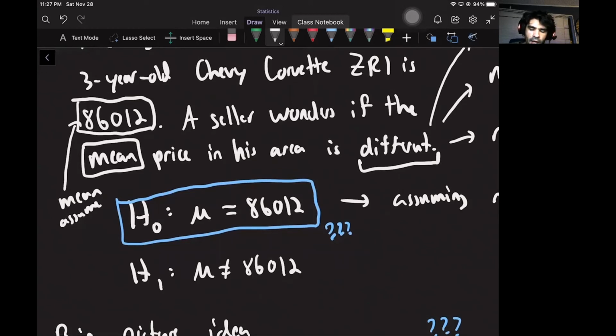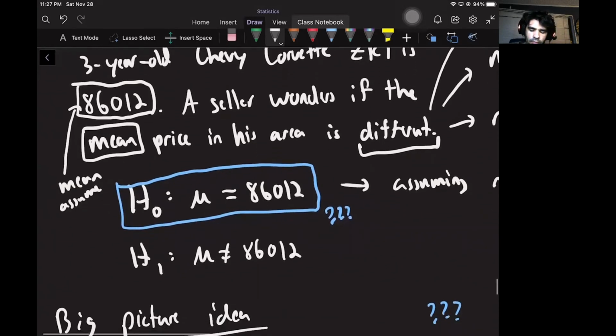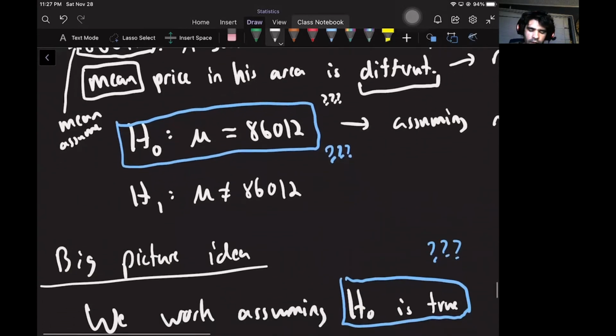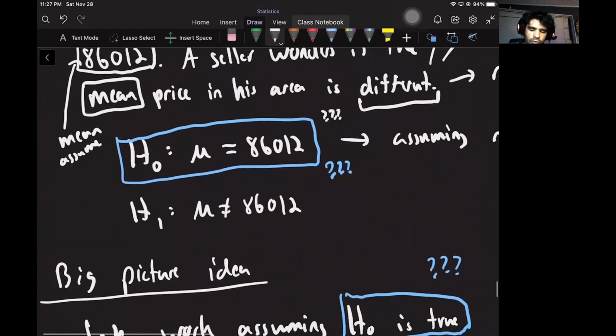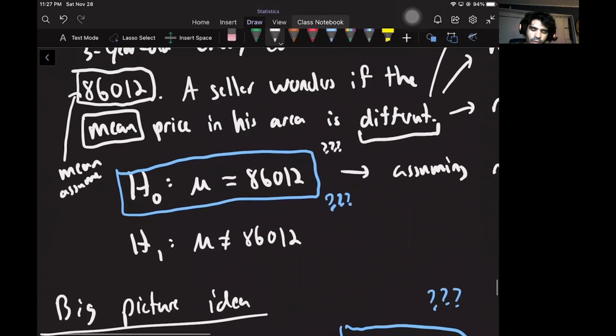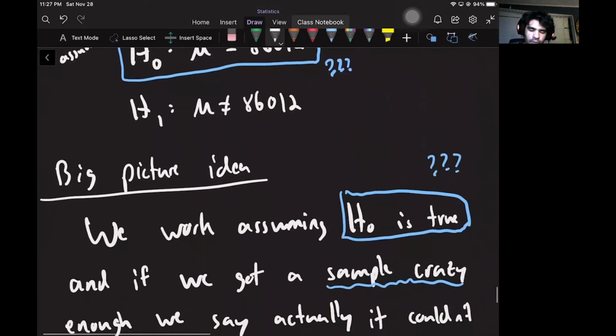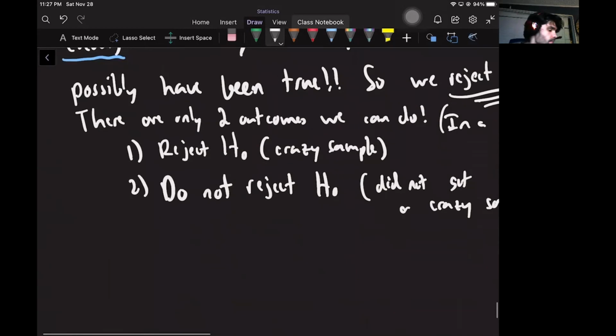If you got that as your sample mean, would that make you question if this is true? No, it's super close. Maybe that's very likely to happen. So you wouldn't question whether this was true, but at the same time, you wouldn't get to automatically say this is true just because your sample was pretty close to it.